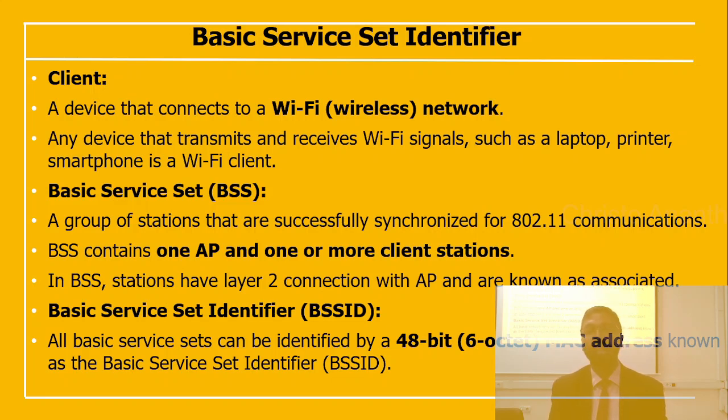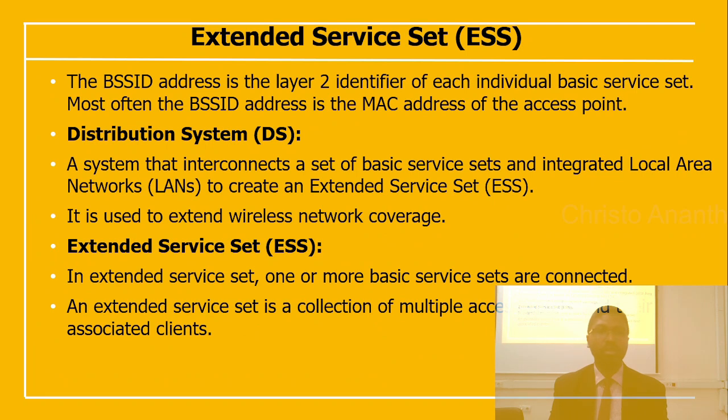Then we have BSSID, basic service set identifier. All basic service sets are identified by a 48-bit or 6-octet MAC address called the basic service set identifier. The BSSID is the layer 2 identifier of each individual basic service set. Most often the BSSID is the MAC address of the access point.